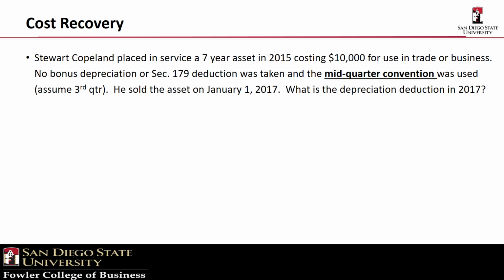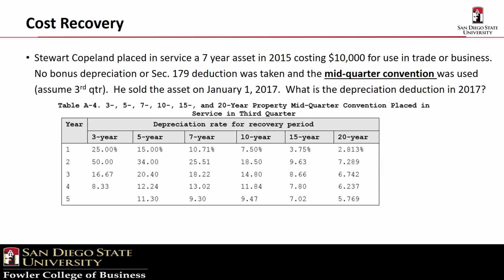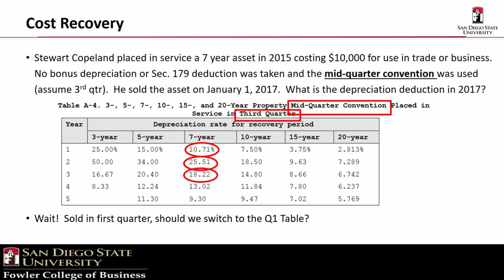Here's another example, except the property was placed in service using the mid-quarter convention. So we depreciate this property the same way, except using the mid-quarter table. And everything goes smoothly until the year of disposal. Since we sold in the first quarter, do we switch to the Q1 table?